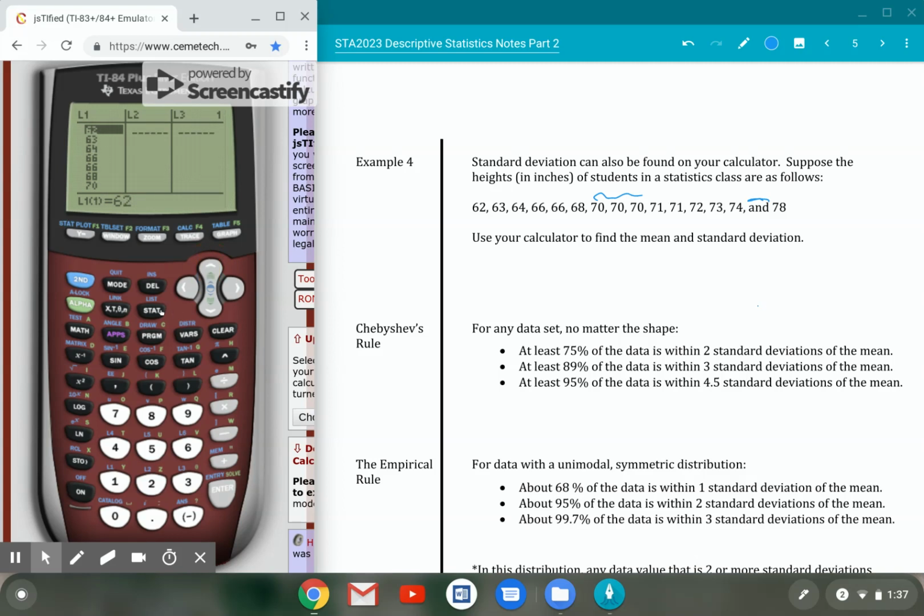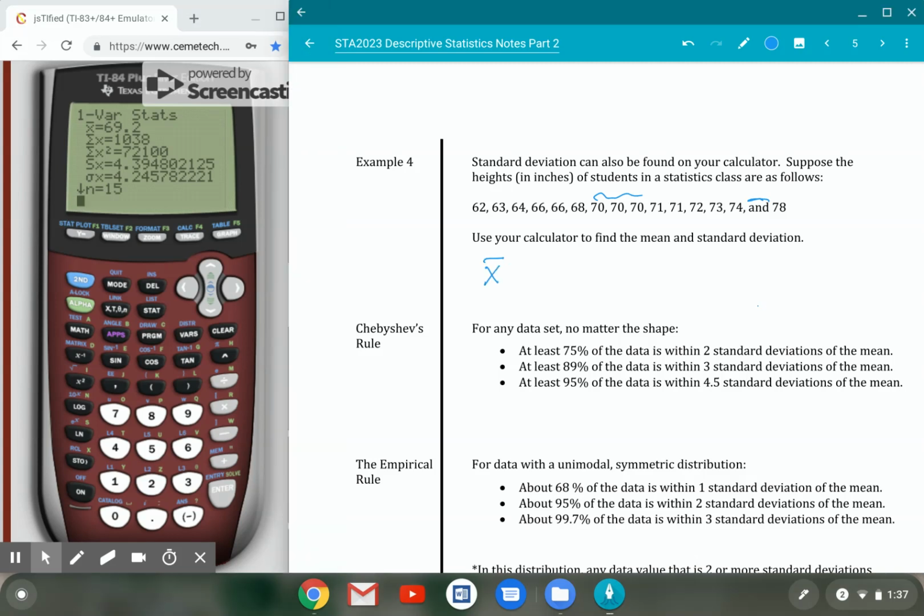So now the standard deviation is actually in the same place as the mean was. We can go Stat, over to Calc, and we select 1-Var Stats. We hit Enter until our values populate. Our mean is the x̄. So x̄ is the mean, and in this case, the average height is 69.2 inches, or 5'9.2".